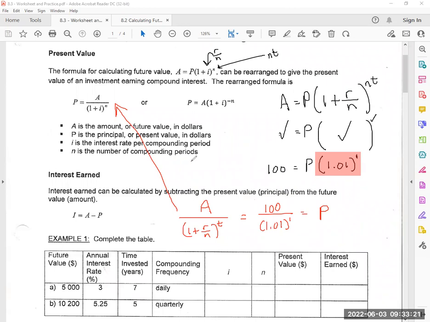Where does the $100 go? Are you sure? Think about the scenario. I have $100 now. How much did I have last year? Which one's the future amount? The now is the future amount. Do you see how it can be a little confusing?